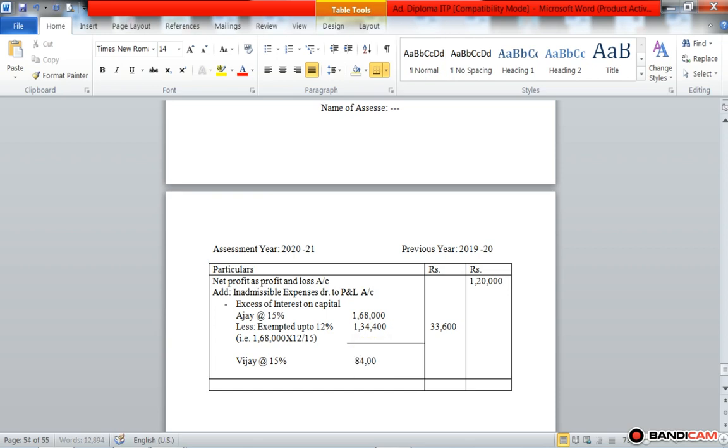Less exempted up to 12%. So 12% on 84,000, that is 84,000 into 12 divided by 15, which is 67,200. 67,200 is the exempted interest on capital.